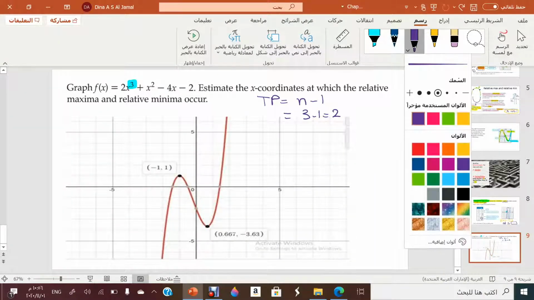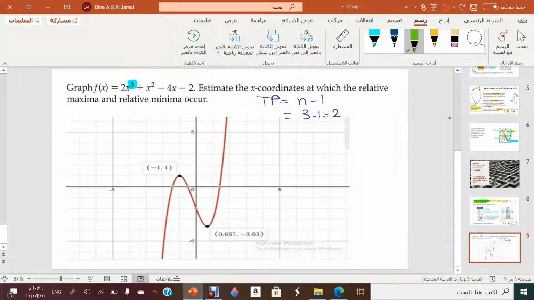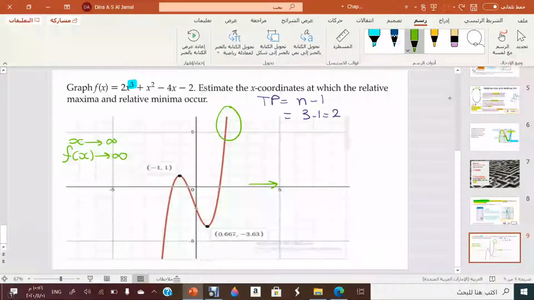I have to study the behavior of this polynomial. So let's see what will happen to the function when x goes to infinity. What happens to it? F of x will also be going to infinity. Now, what will happen when x goes to minus infinity?